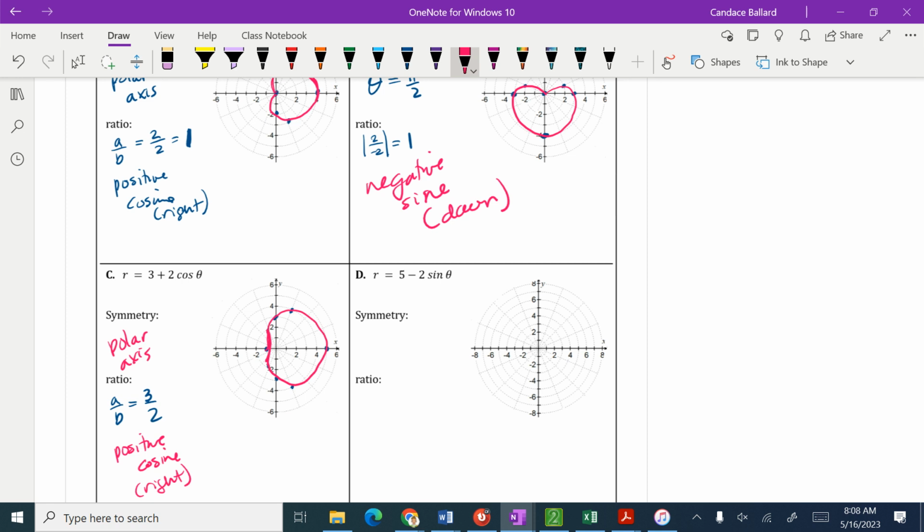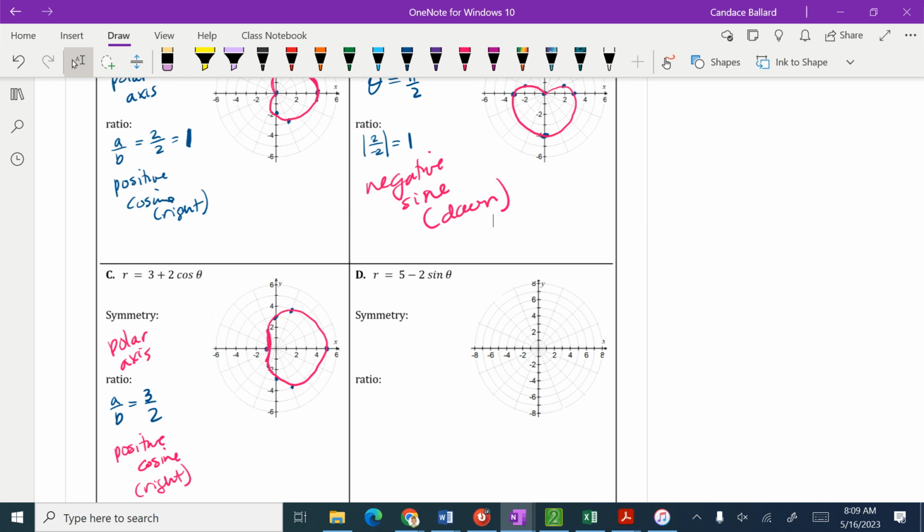Okay, let's see if we can predict a little bit. Let me go back up here and look a second. Okay, this one's going to be a little bit different.